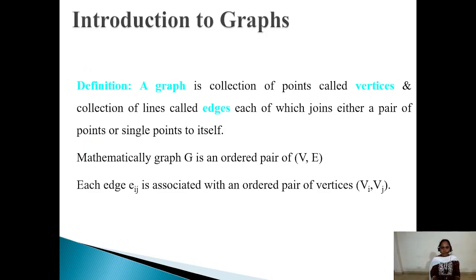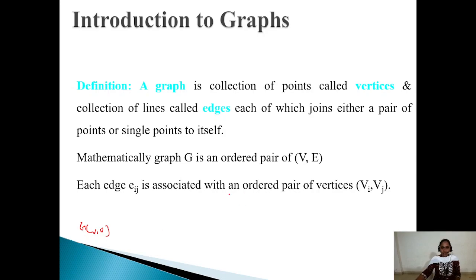Introduction to graph. First of all, what is a graph? A graph means a collection of vertices and edges, where each edge is connected to a node. This is the graph, G of V comma E. V means vertices, E means edges.